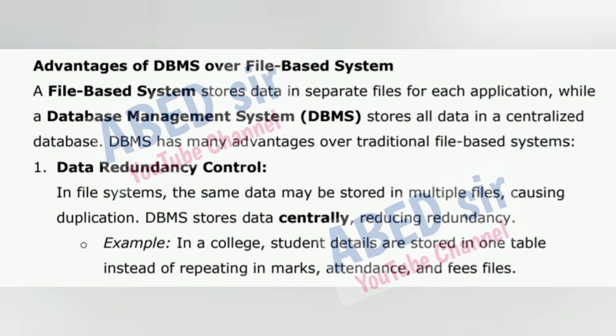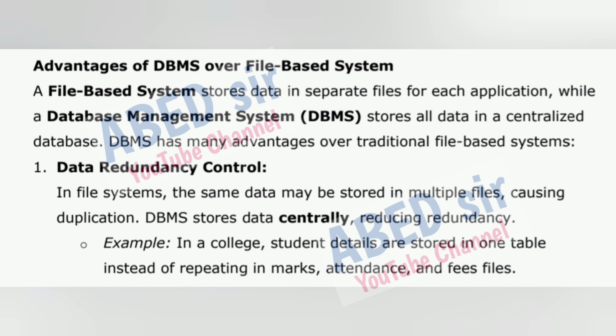Advantages of RDBMS over file-based system. A file-based system stores data in separate files for each application, while a database management system, RDBMS, stores all data in a centralized database. RDBMS has many advantages over traditional file-based systems. 1.